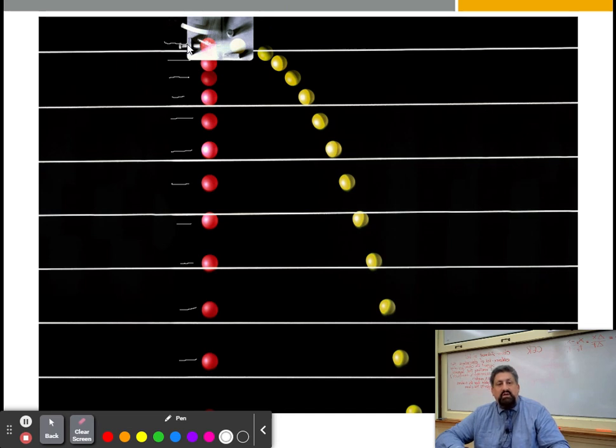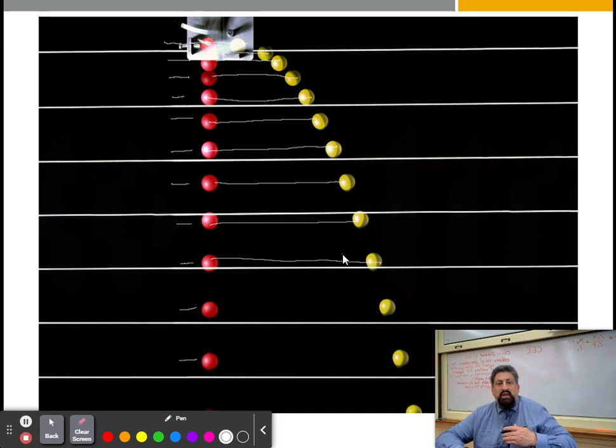Now notice everywhere vertically where there is a red ball, there is also a yellow ball. What we're seeing here is an image of a red ball that was dropped at the exact same time that a yellow ball was launched horizontally.